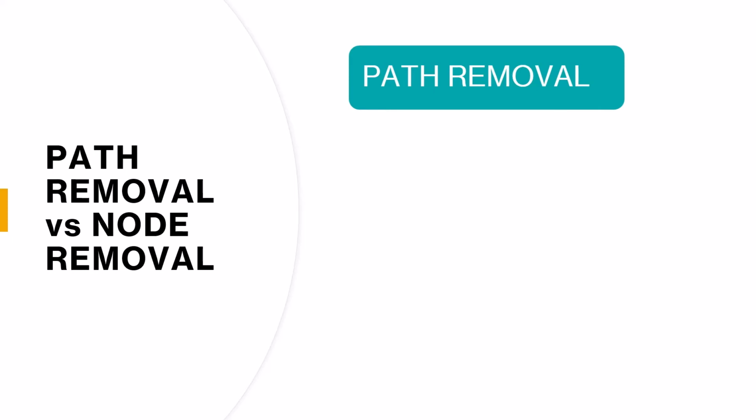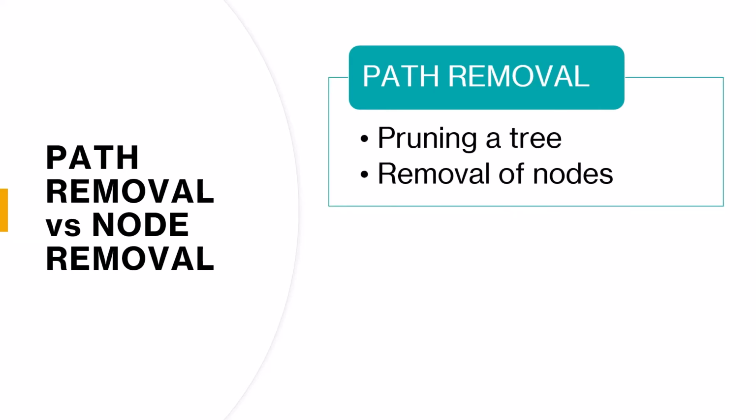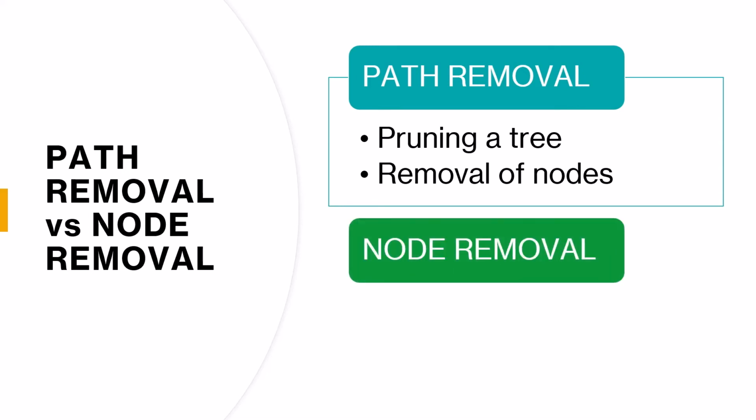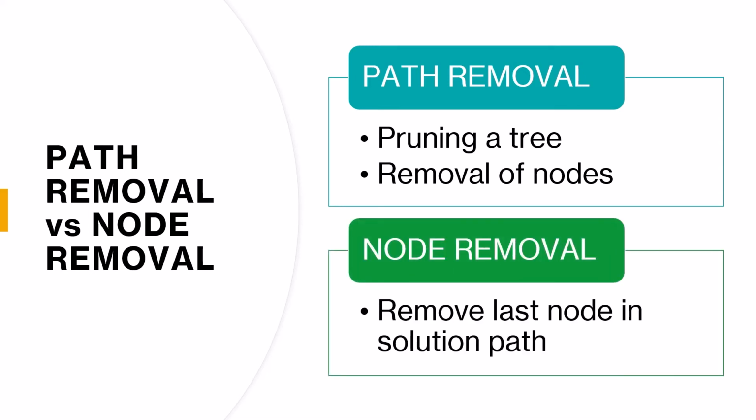And path removal can be likened to pruning a tree, essentially cutting off an entire branch from the tree. In terms of node removal, we would remove the last node in the solution path before attempting to look for an alternative solution path. Again, in terms of code, this would run within a loop, right?